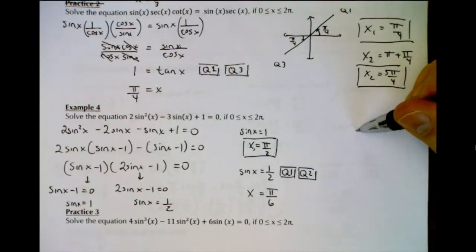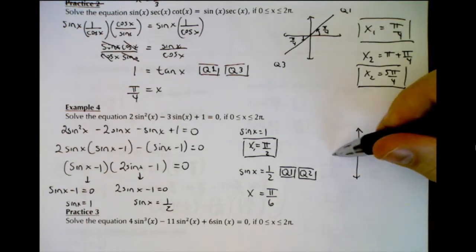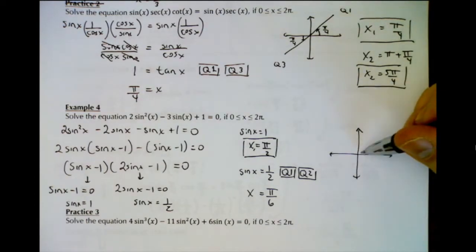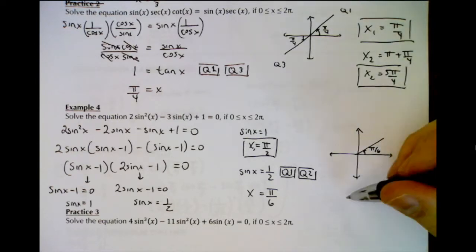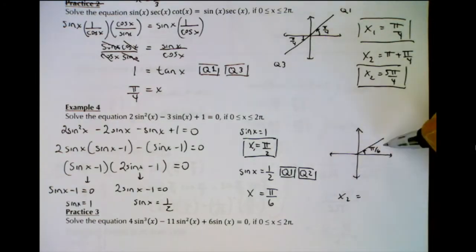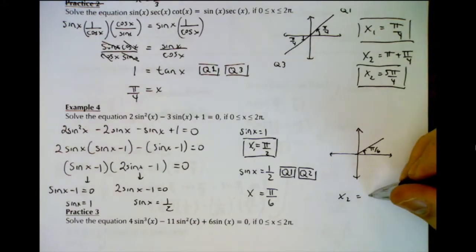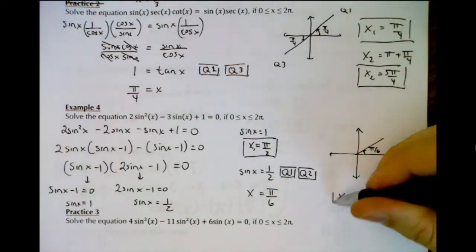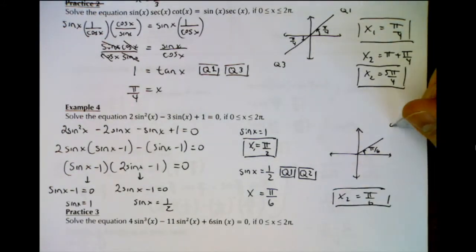So if I graph it, it means we're going to have an answer here where our beta is pi over 6. And since we're in quadrant 1, beta and theta are the same, so that means our x2 is pi over 6. That's our quadrant 1 answer.